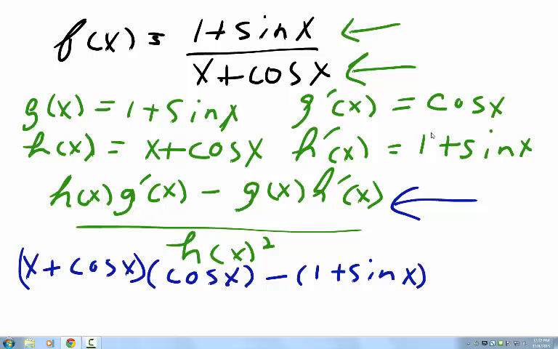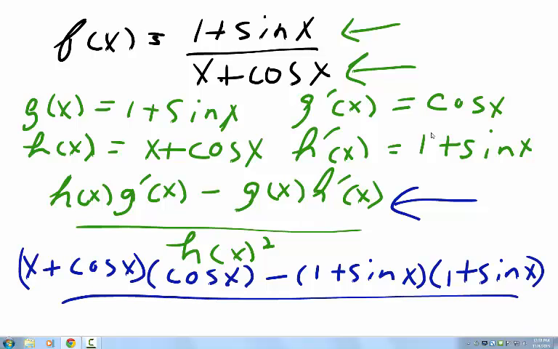Now we're looking at h prime of x, where h prime of x is equal to 1 plus sine of x. And this is all over x plus cosine of x squared.